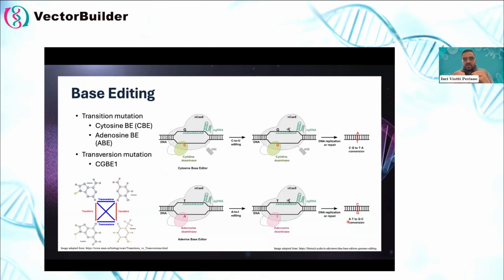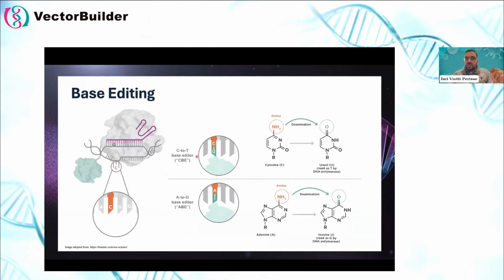Another option for doing very precise genetic mutations is using base editing. They are doing different versions. So far, the most popular versions are the CBE and the ABE, where you have a cytidine deaminase or adenosine deaminase changing the cytosine by removing that amine group, and then the cell identifies that as a uracil and fixes that to be a thymine.